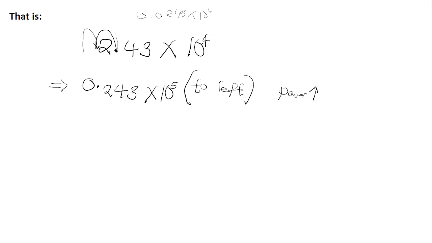When the decimal point moves 1 step to the right, the power is going to reduce by 1. So this is going to become 3. When the decimal point moves 1 step to the right, the power will reduce by 1. When it moves 2 steps to the right, the power will decrease by 2.